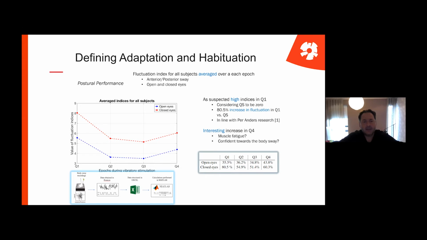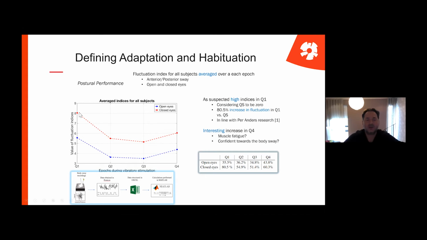While they get vibrated on the calf muscles from the quiet stance phase, their sway increases dramatically, with open eyes and a lot more with closed eyes, as we can imagine. So imagine you suddenly get stimulated on the calf muscles and you start to sway on the platform, and the platform can assess the changes of the center of mass while this vibration takes place.